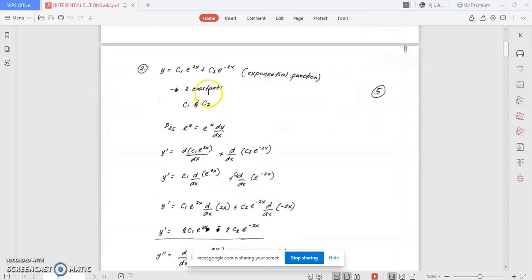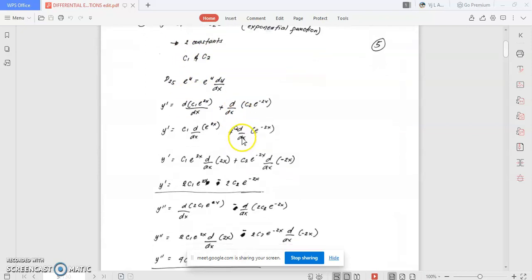We are dealing with exponential functions, so please recall your differential calculus: the derivative of e raised to the power of u, which is derivative number 25, is e to the power of u, considering your u is only x or y without any constant. But if you still have a constant like 2, you need to first derive, meaning 2x.